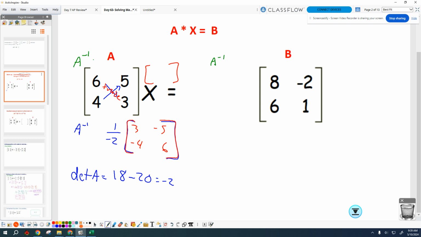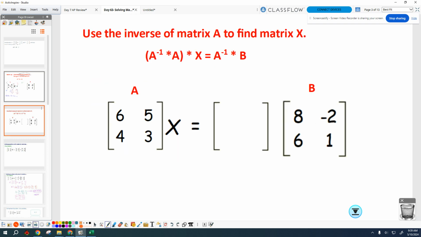Oh, now it makes sense. Okay, so you guys said this was 3, 6, negative 5, negative 4, and we're multiplying by negative 1/2. All right with that? Yep.